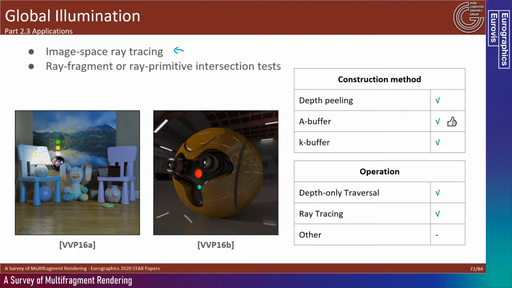Here, the choice of which MFR buffer to use really depends on the application type. For example, for low frequency environments, shallow buffers are usually enough for visually convincing results. However, for more accurate results, or scenes with highly directional scattering events, it is best to use either an A-buffer with analytic primitive intersection tests, or go to a hybrid solution where you can combine, for example, a K-buffer with an object space acceleration data structure.